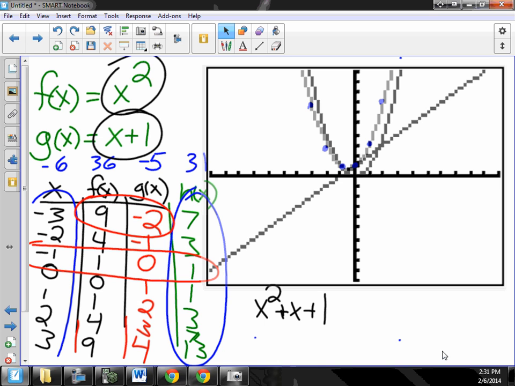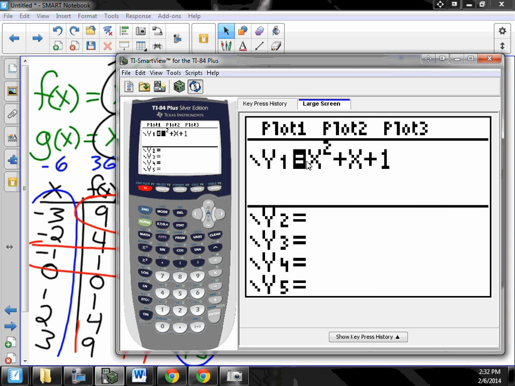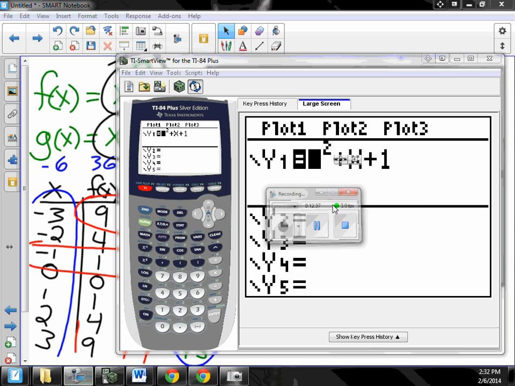How would subtraction work? If you had f of x positive and g of x positive and you subtracted them, what's going to happen? It's going to go down. What if you had f of x positive and you subtracted a negative g of x? It's going to go the other direction. So if we compared x squared plus x plus 1, yes?